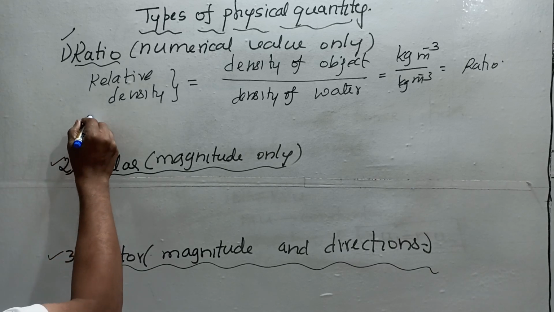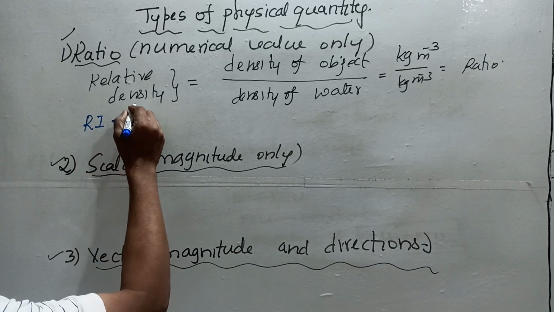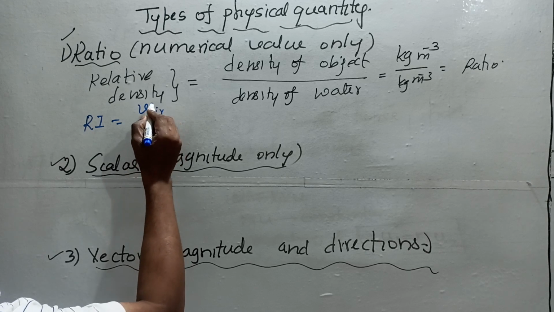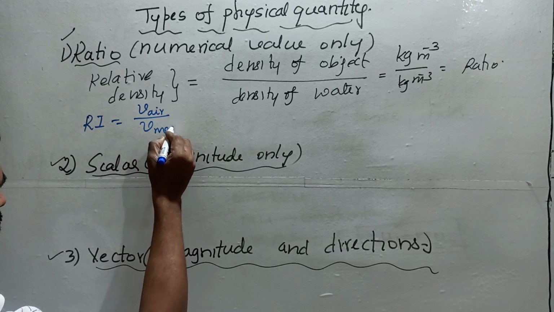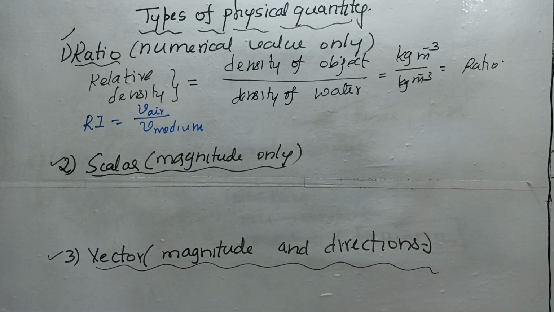Refractive index, RI, is given by the velocity of light in air divided by the velocity of light in medium. Since it is the ratio of velocities, it is only a numerical value.